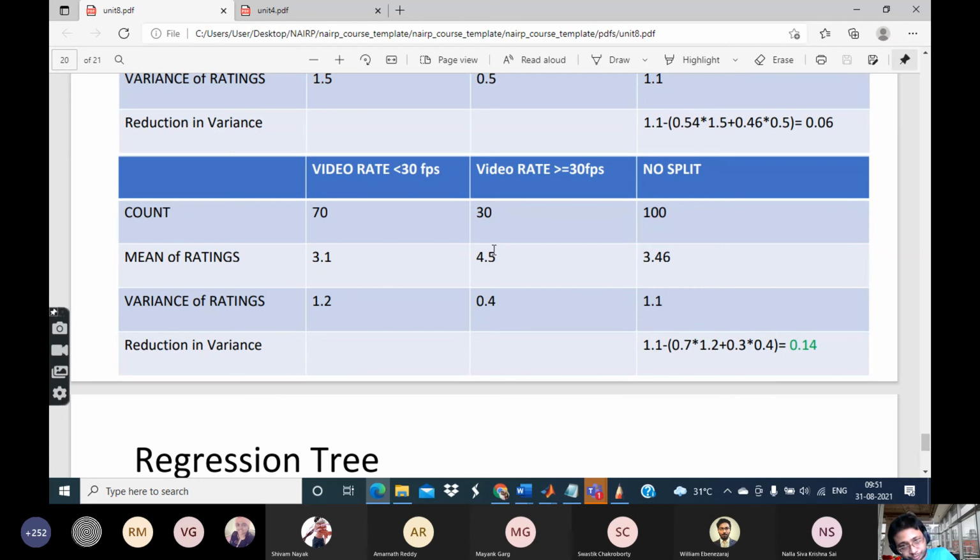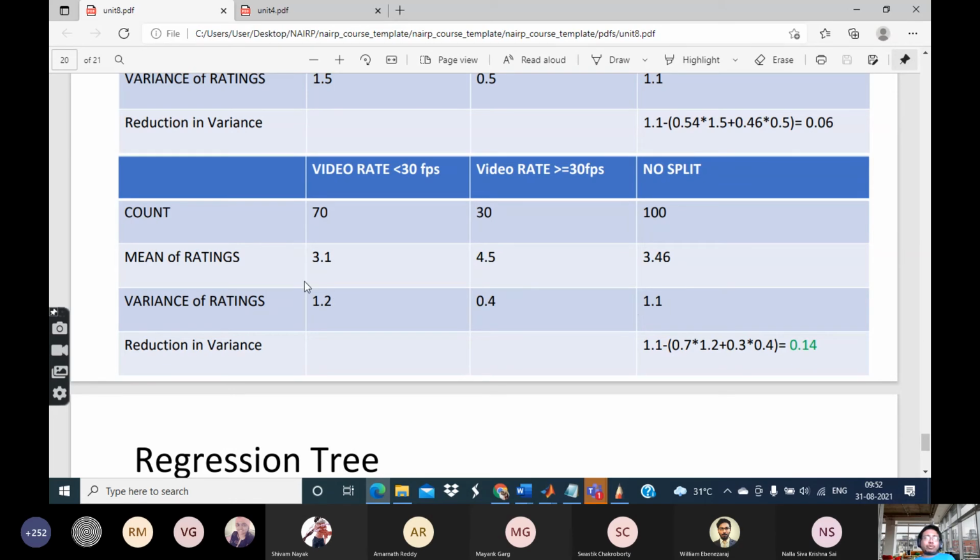But note that for those cameras for which the frame rate is more than 30 frames per second, I have got a very high prediction accuracy. But the same cannot be said for the larger set of cameras for which the video rate is lower. So here I still have a fairly high variance, 1.2, which is in fact higher than what I had originally.